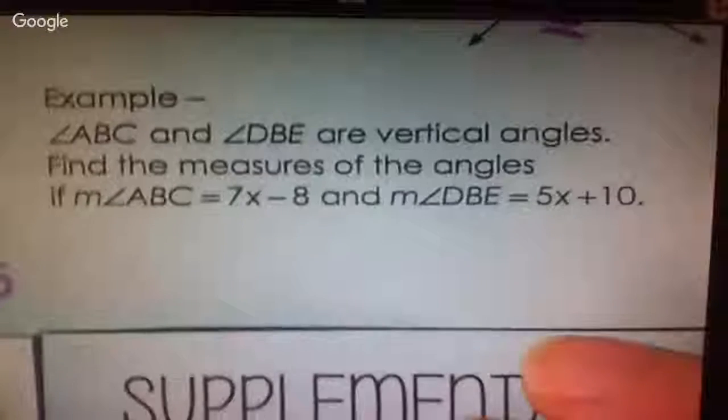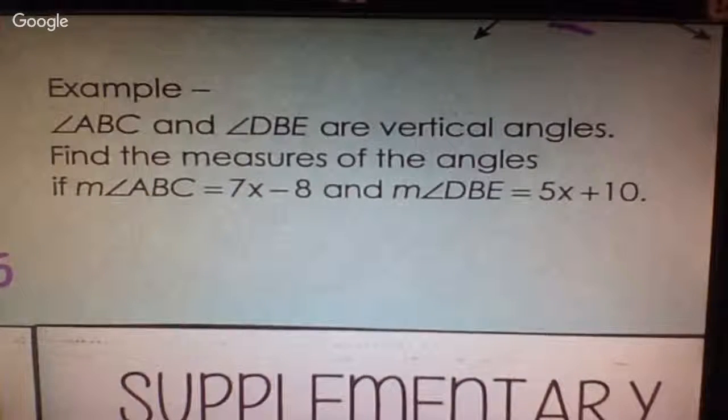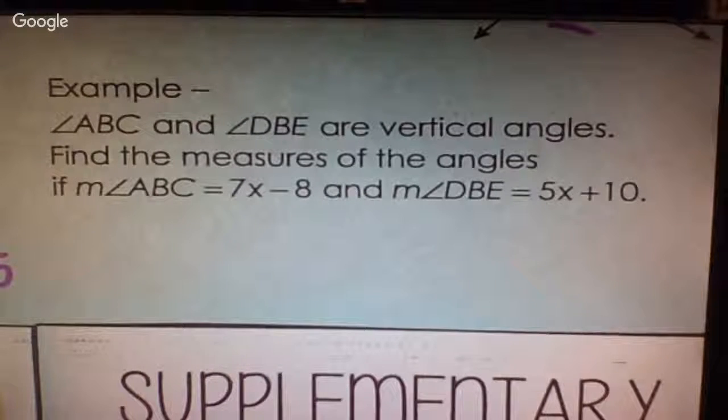All right. So if we get this word problem, it says angle ABC and angle DBE are vertical angles. Find the measure of the angles if the measure of angle ABC is 7x minus 8 and the measure of angle DBE is 5x plus 10.